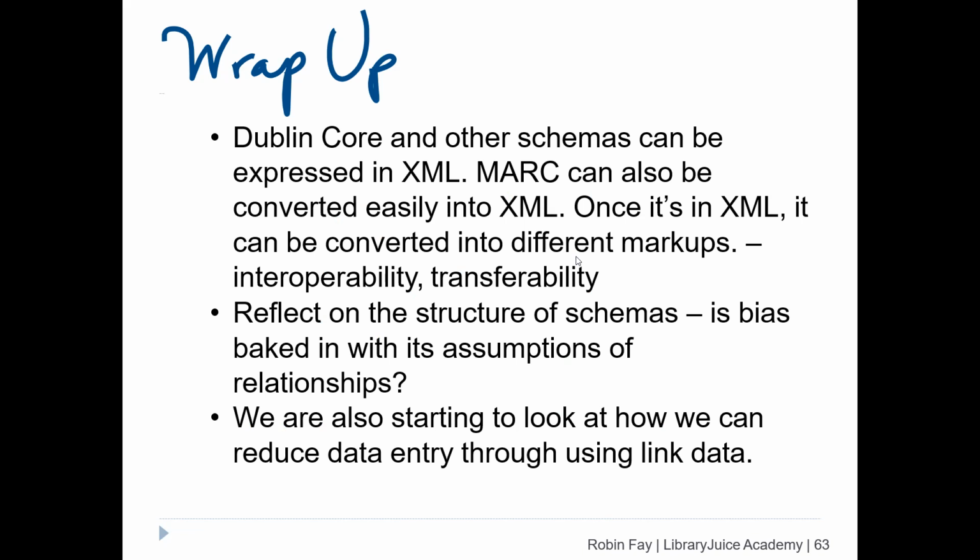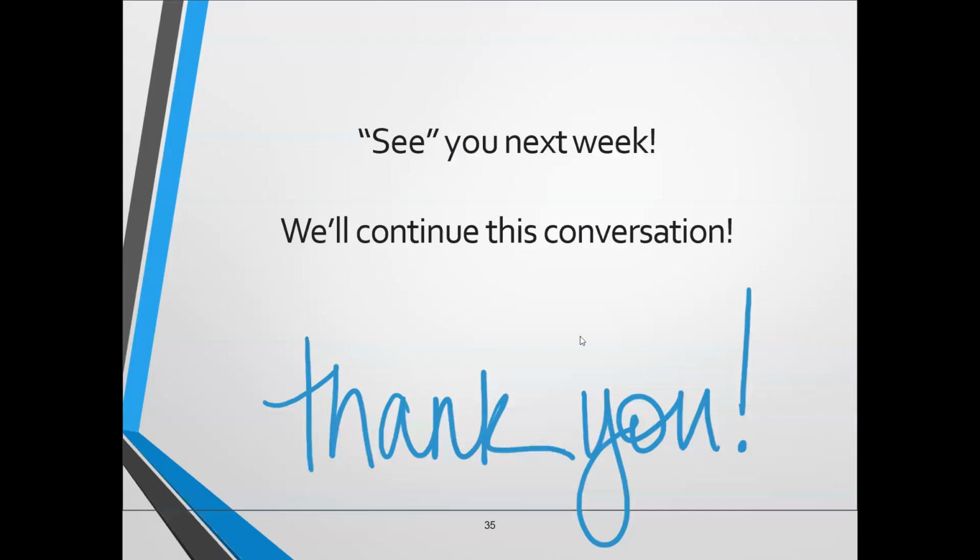Are there areas within that schema that have some bias baked into it? Are there assumptions about the data in terms of the relationships of the fields? And if so, how are you going to deal with that?